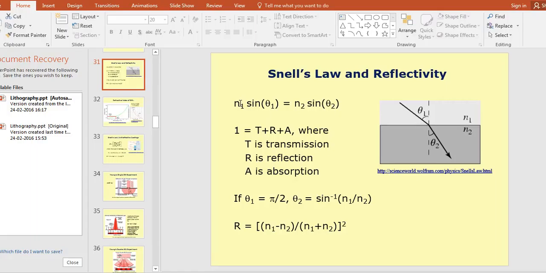So this is an assignment for you: find out what immersion lithography is. That is directly related to this concept.